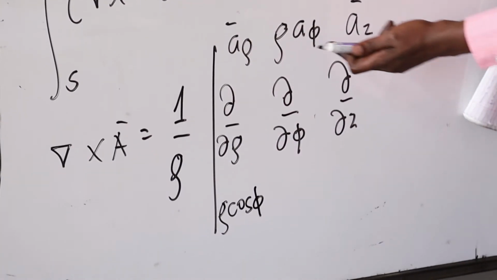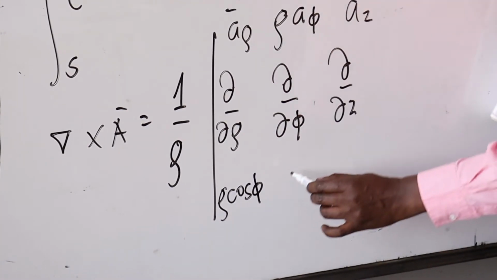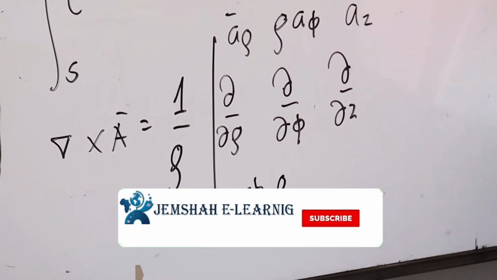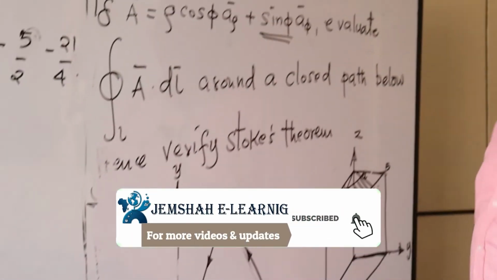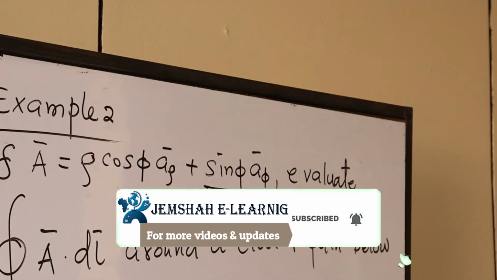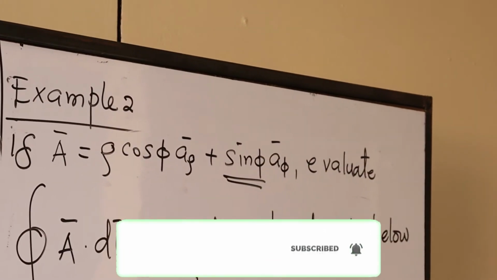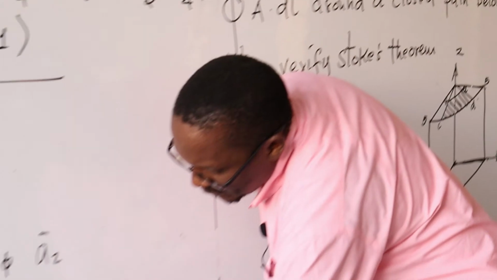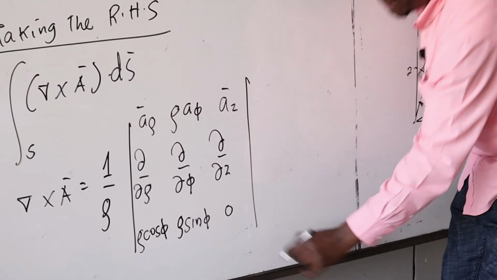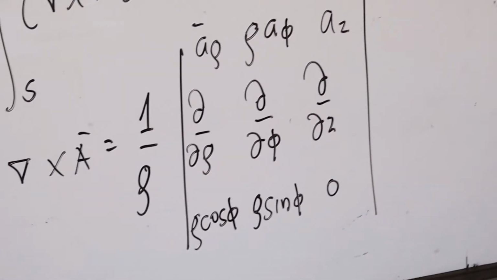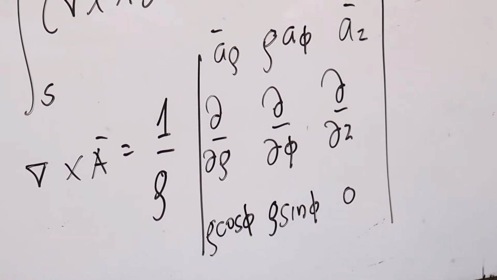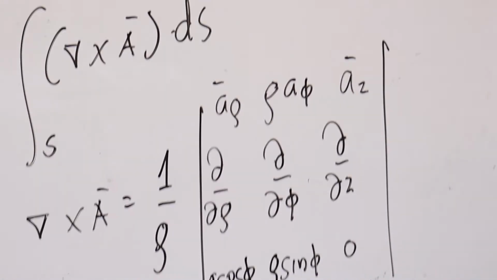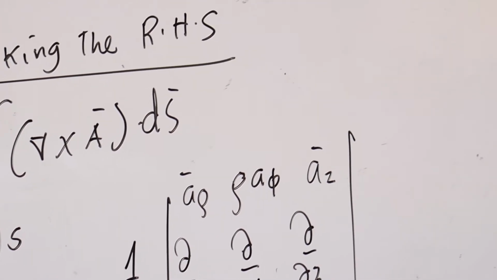Remember, because there's another rho here, you must put that rho there first before going to this particular value. So we have that rho, then we have to include sine phi. Then we are not given anything in the direction of z, so the direction of z must be 0.